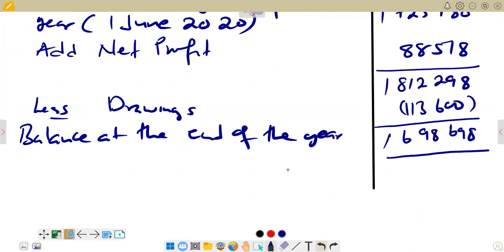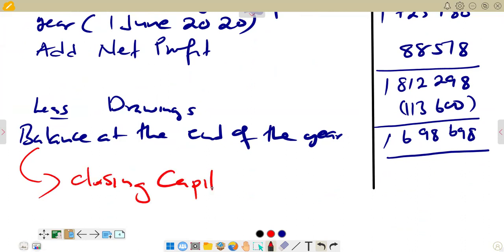So this balance that we have here is representing our closing capital figure. Obviously this is the figure that we're going to carry on and put in the statement of financial position, the balance sheet, as our equity or capital.